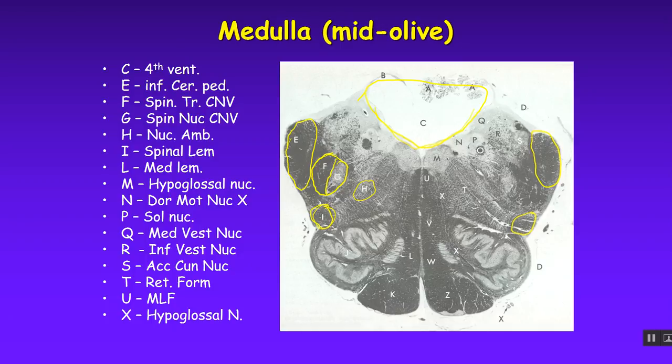M, starting very medial. Remember we talked about how the back of the brainstem flares out and opens up, and the nuclei that tend to be more medial tend to be more motor in the brainstem. In the spinal cord you have the anterior horn cells in the front and sensory in the back.